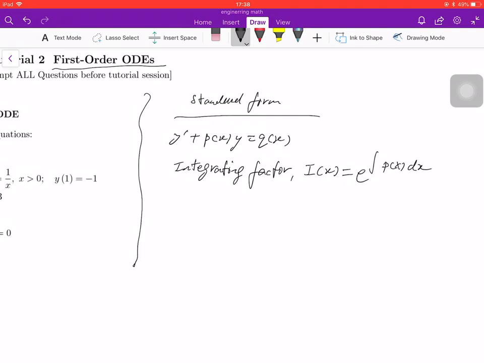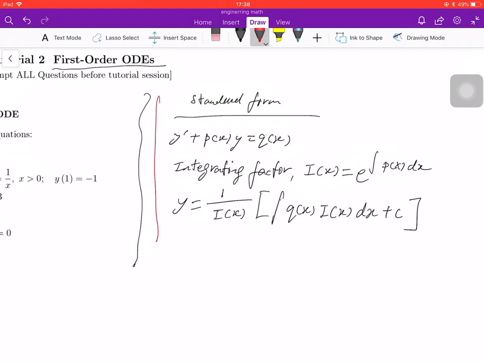After you find the integrating factor, we can directly apply the formula for the general solution, whereby y is equal to 1 divided by the integrating factor I(x), multiplied by the integral of q(x) times the integrating factor I(x) dx, plus c. So this is the standard form of the first linear ODE solution.